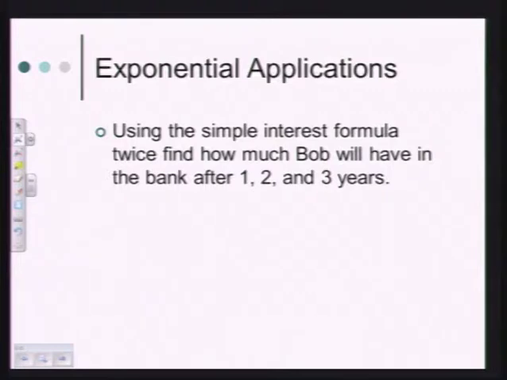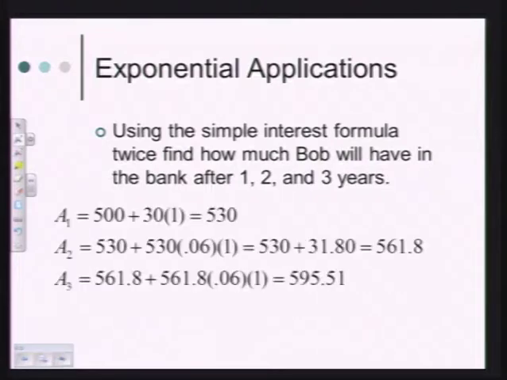We're going to use our simple interest formula to find out how much money Bob will have in the bank at the end of 1 and 2 and 3 years. We've already seen 1 year. He puts in $500. He adds to that his $30 interest, and at the end of the first year, he has $530 in the bank.